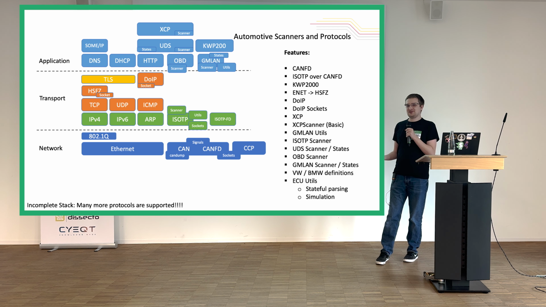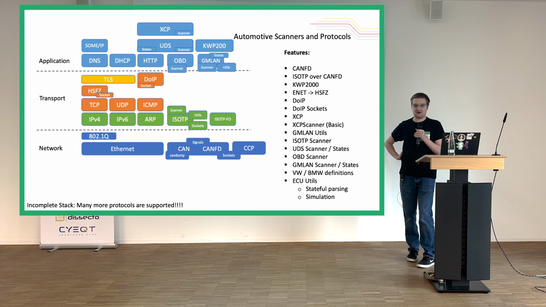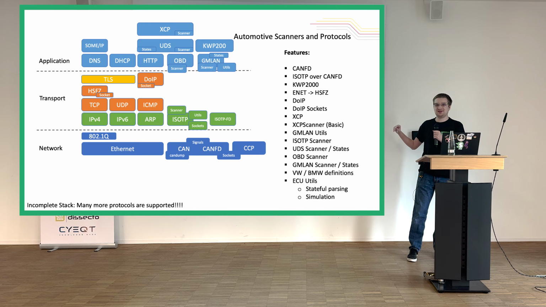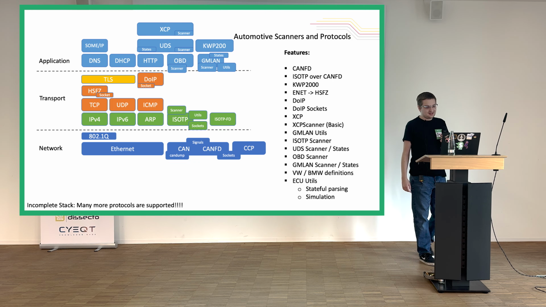One big advantage of this is we can use everything that has been implemented for Ethernet, all packets, all attacks, like the NDP attacks presented in the keynote. They are all available in Scapy, and we can also just use them in the automotive domain, if NDP is implemented, of course.